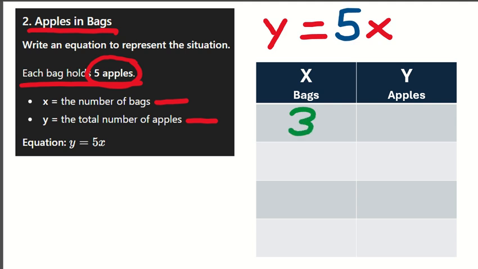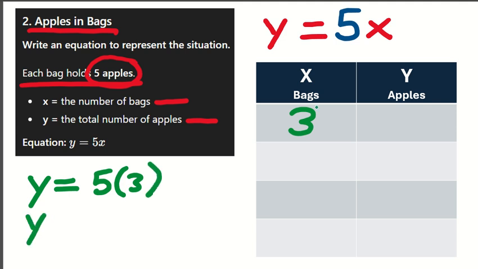So what we're going to do is take y, the total number of apples, equals 5, because there's 5 apples per bag, times 3, because I got 3 bags. And we know that 5 times 3 is 15. So when x is 3, y is 15. I have 15 apples.